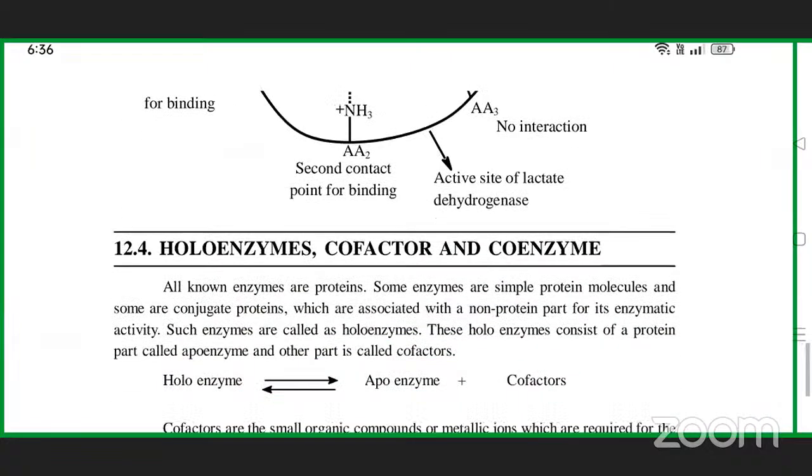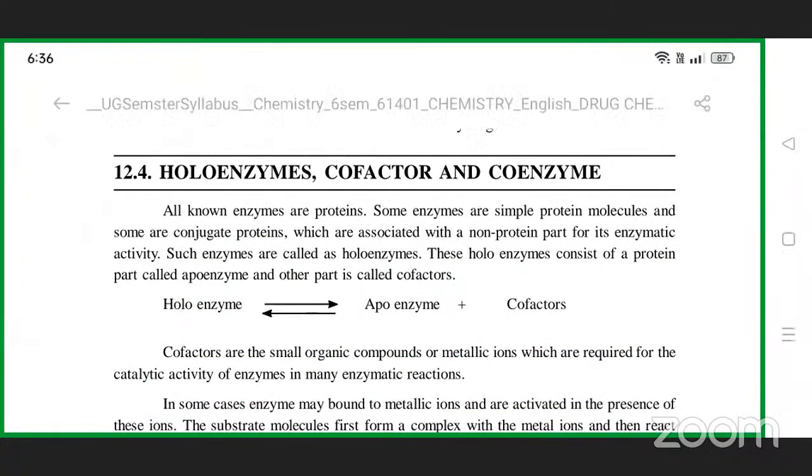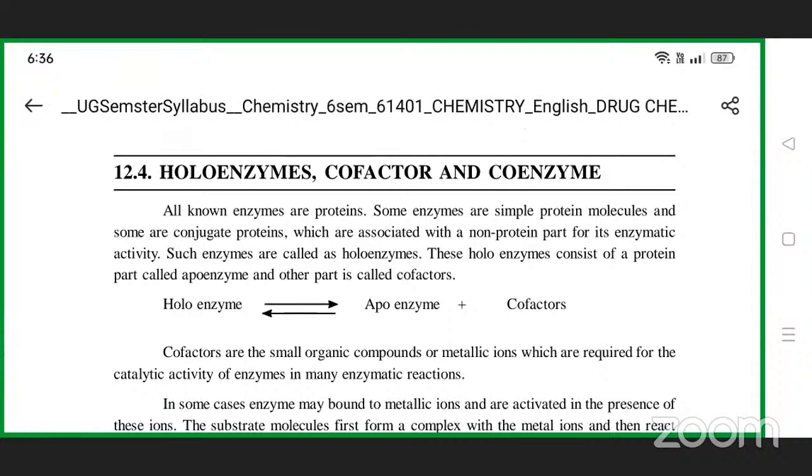Next, holoenzyme, cofactor, and coenzymes. These are some terminologies. Generally all enzymes are protein in nature, because proteins are modified into enzymes. Some enzymes are simple protein molecules and some are conjugated proteins, associated with a non-protein part in the enzymatic activity.